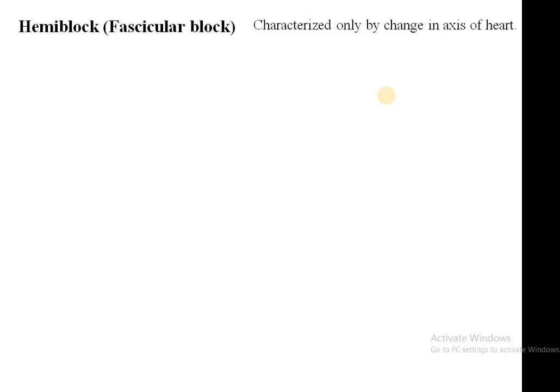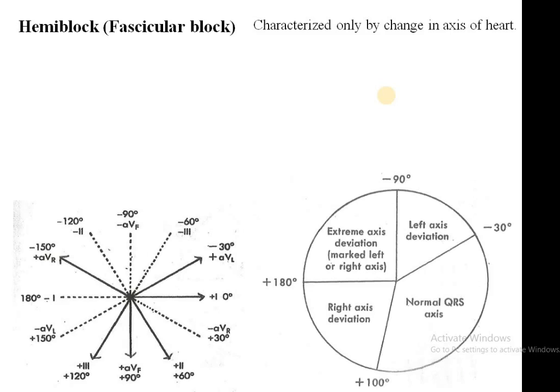So if you find this finding of axis deviation with no other abnormal signs in the ECG related to any disease, consider hemiblock. For this you need to understand the hexaaxial diagram, which I have discussed many times. Now this is the left axis deviation, -30.